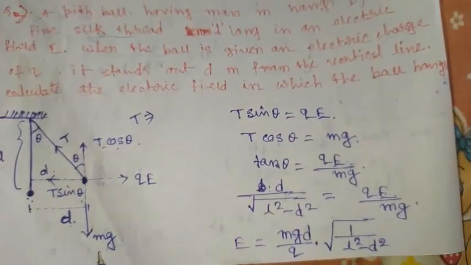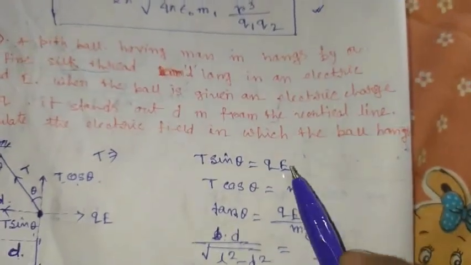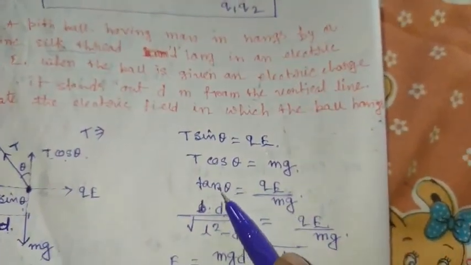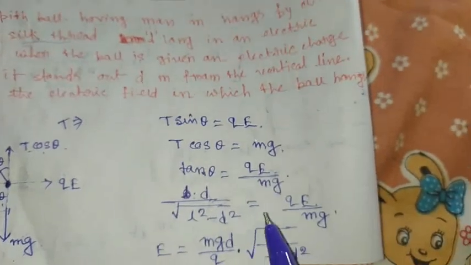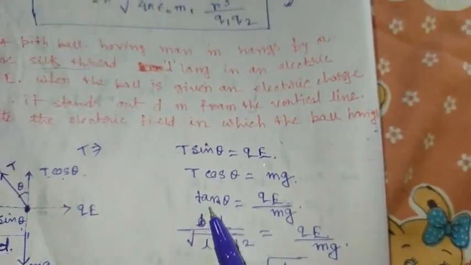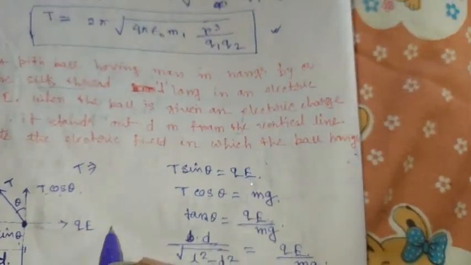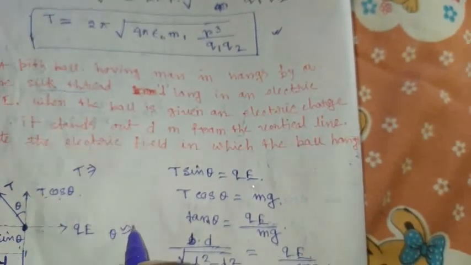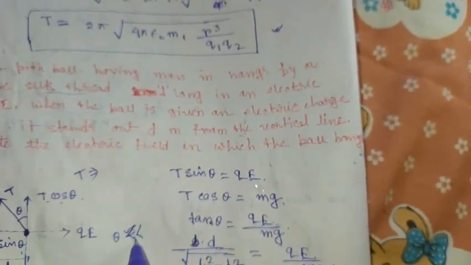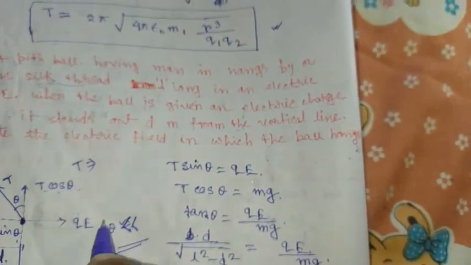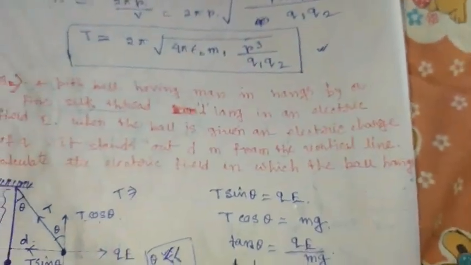Now dividing T sin theta by T cos theta, we have tan theta is QE by mg, where we assume theta is very small.